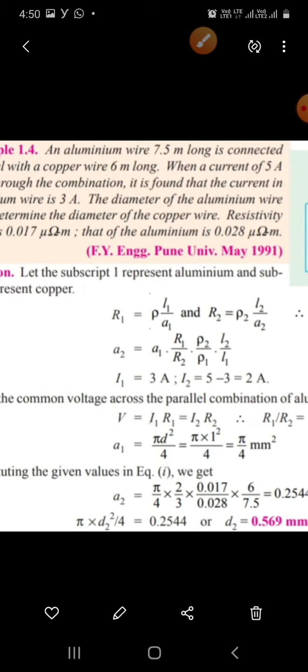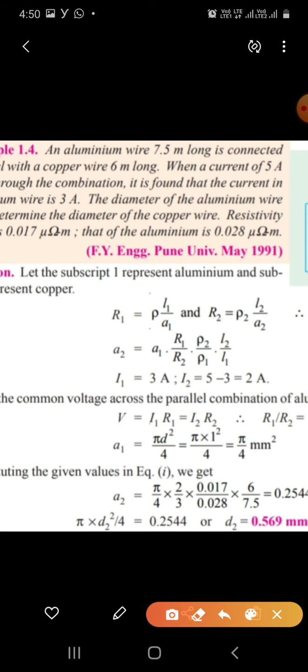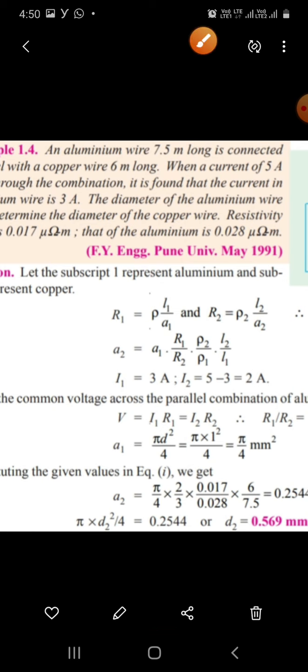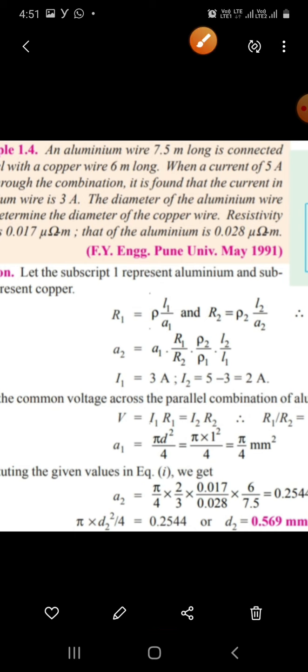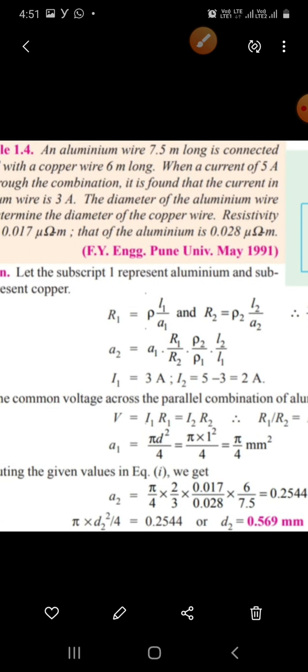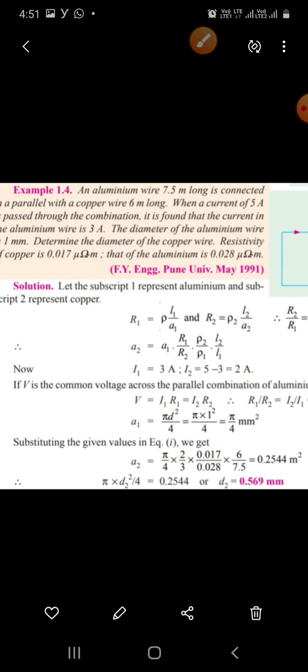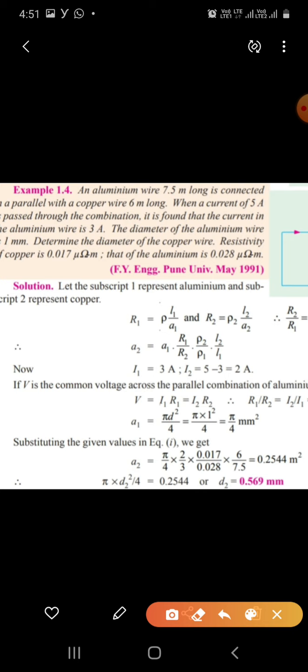Okay, and for R1 it is rho 1. Okay, not row.